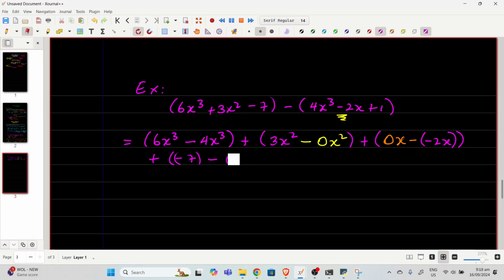Alright, don't have to put that in a bracket, don't have no sign in front of it. Alright, don't have a plus in front of it, but it doesn't matter. Let me just put it in there anyway. Plus 1. Alright, so now let's simplify that and see what we get.